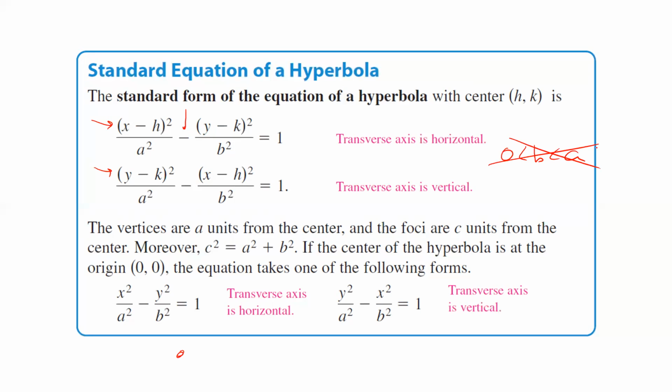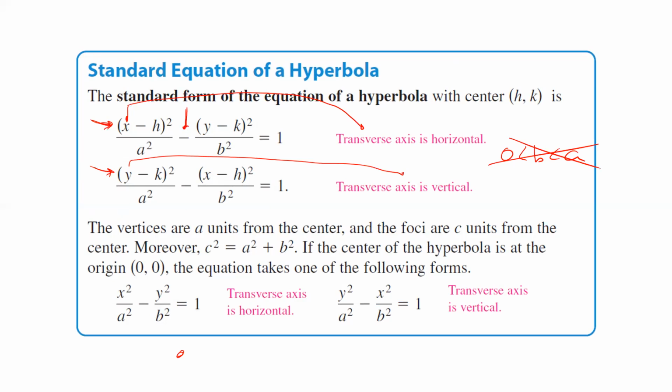We care about where the negative sign is, and then notice real quick in the front, sometimes it's x, sometimes it's y. So the position is the important part here. I always think of it this way: if x is in front, therefore it's the horizontal one. If y is in front, it's the vertical one. We good? So it's the term in front that's positive.